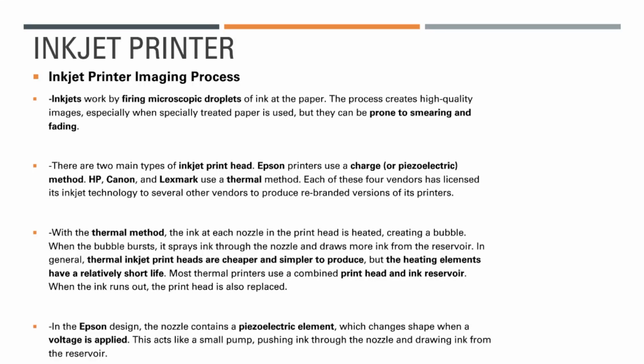Most thermal printers use a combined printhead and ink reservoir. When the ink runs out, the printhead is also replaced. In the Epson design, the nozzle contains a piezoelectric element, which changes shape when a voltage is applied. This acts like a small pump, pushing ink through the nozzle and drawing ink from the reservoir.